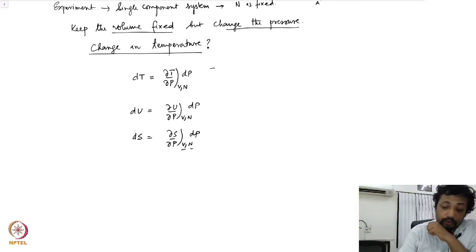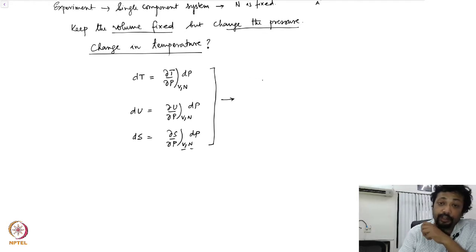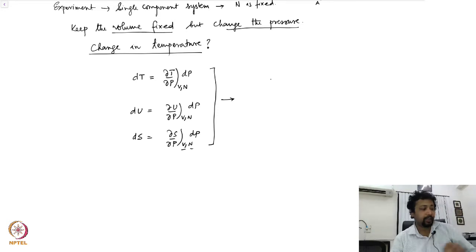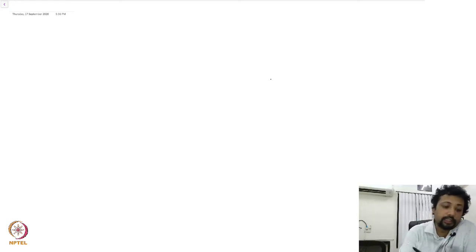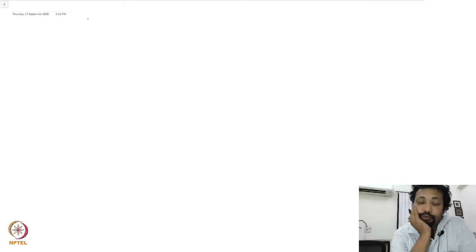So you see, all of this you can very easily understand if you have a grip over manipulating partial derivatives. They're absolutely inevitable in thermodynamics. So what we want to do here is give you some illustrative examples where one can see how to do these things.